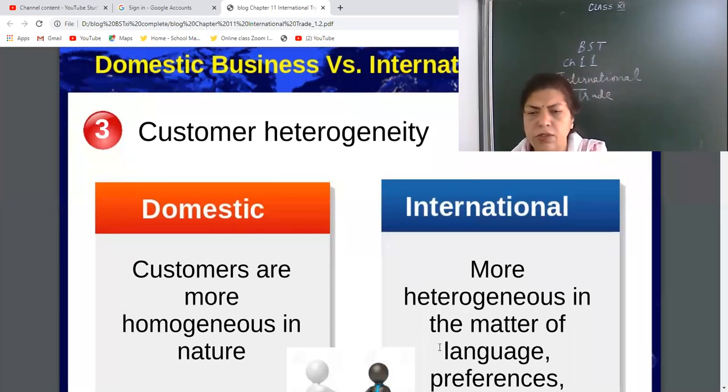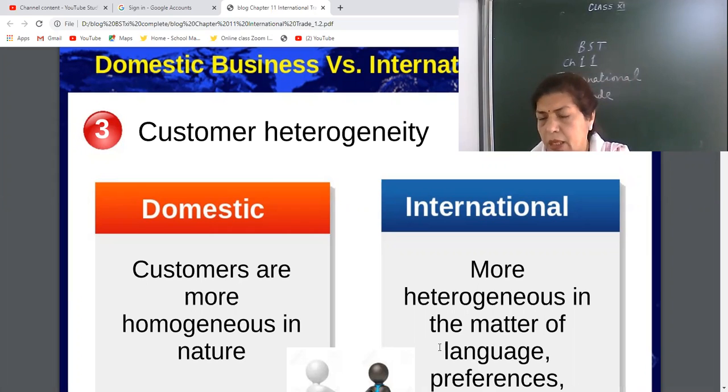Now come to the international: more heterogeneous. Heterogeneous means different in language, preference, fashion, choice, taste, culture, tradition.